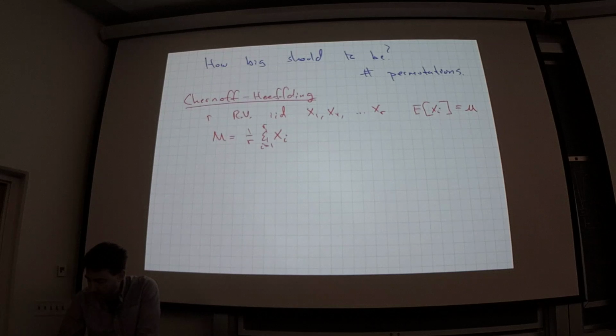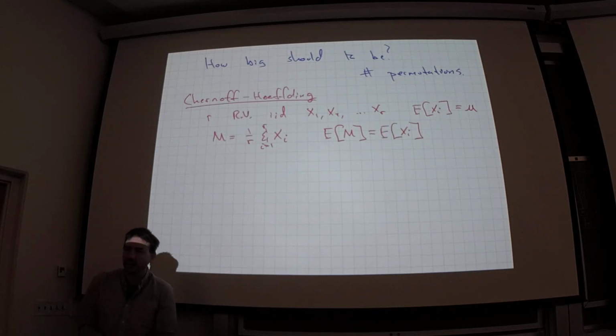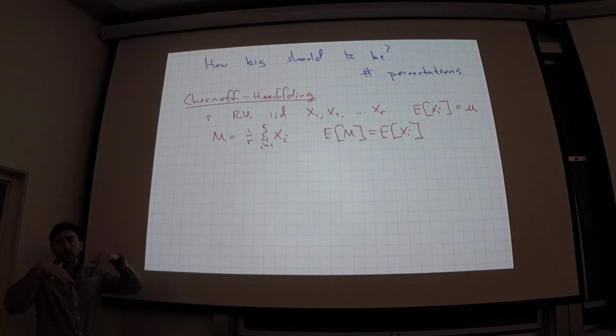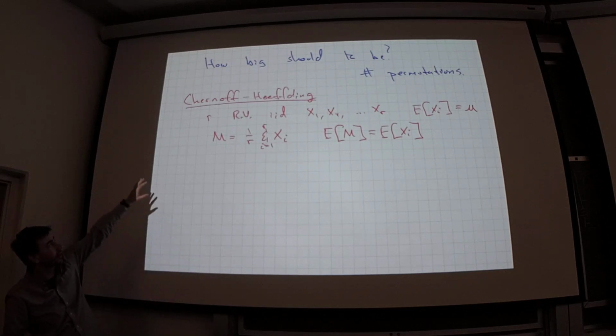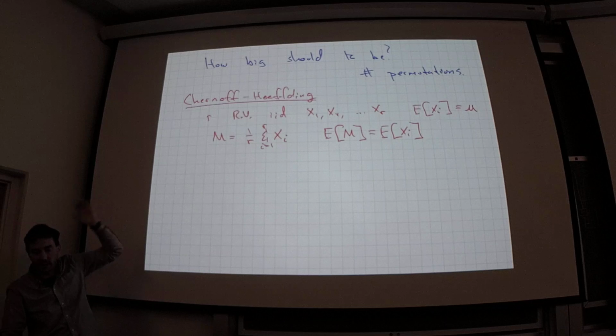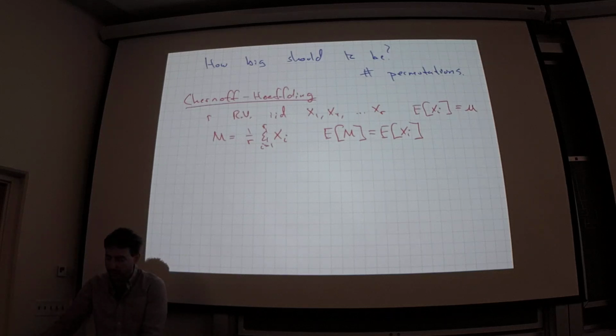By the linearity of expectation, the expected value of M is equal to the expected value of xi. So if I take a bunch of these representations, I get a 0 or 1, and I average them, that's going to be my estimate of the Jaccard similarity. I'm still writing out this general theorem here, but translating it on the fly.